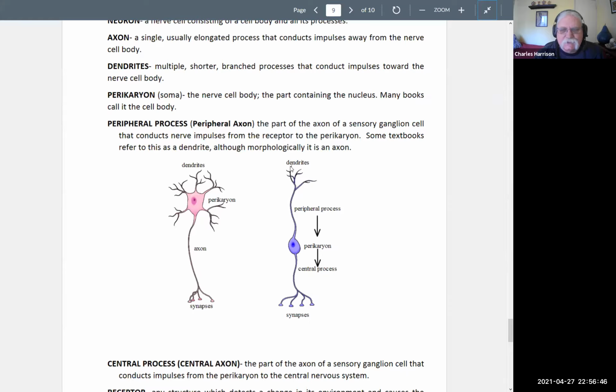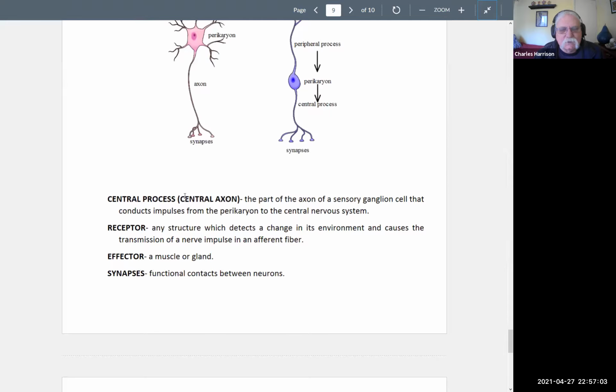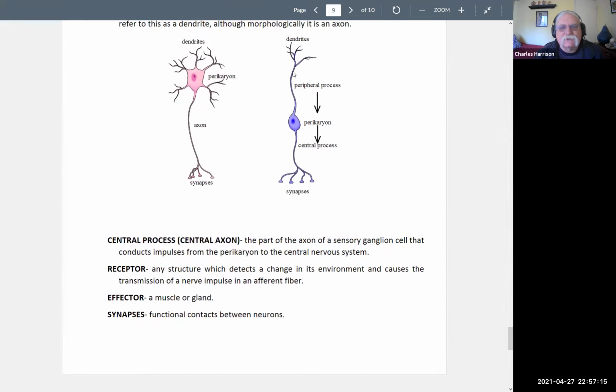Well, actually, the diagram showed it as the dendrite, and that's what it's functioning as, the dendrite. This is the axon and the axon branches. Central process is the name given to the portion leading out. The peripheral process and central process together actually function as an axon.